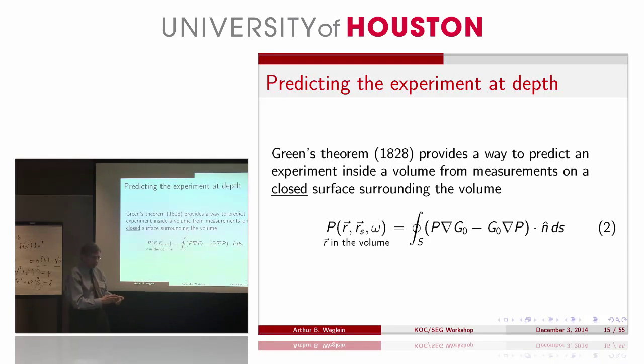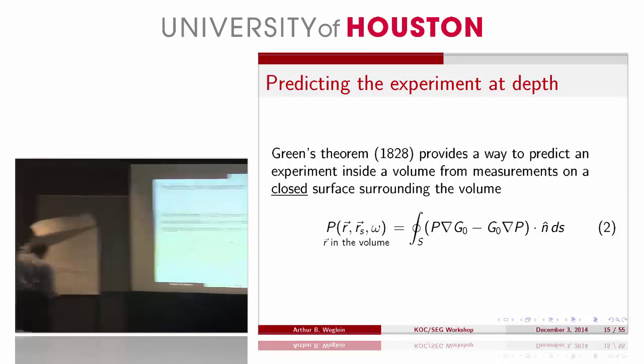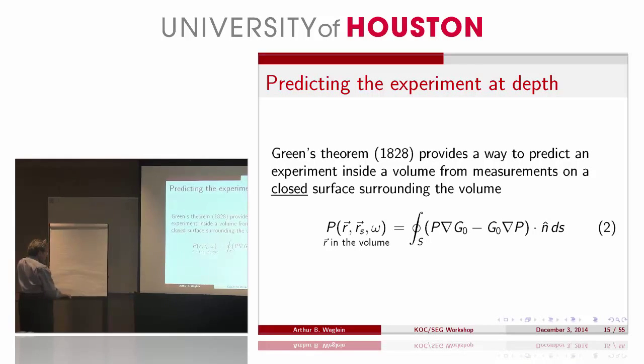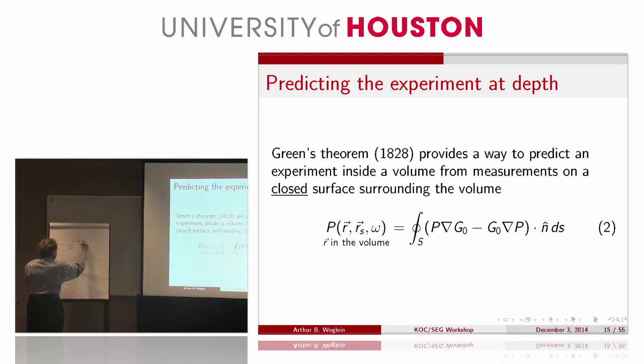But just to give you a quick explanation, if you look at 1D normal incidence, an anti-causal Green's function looks something like this.